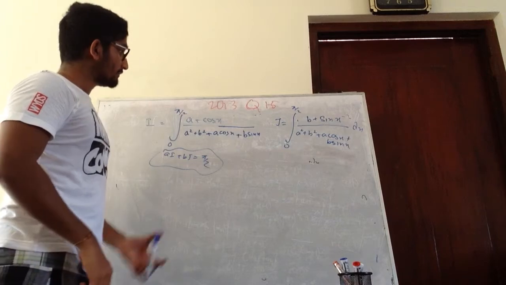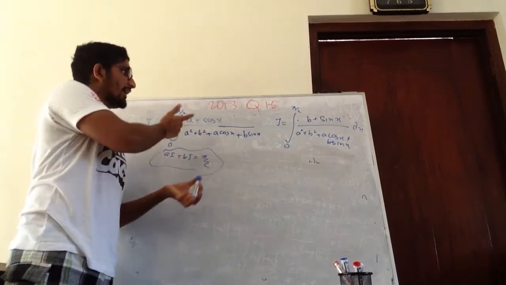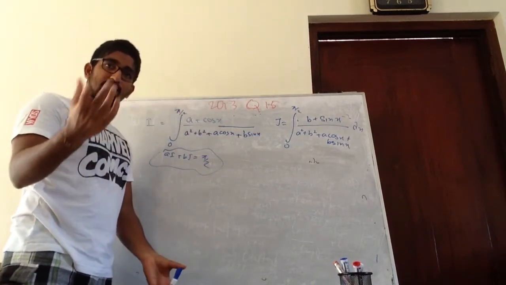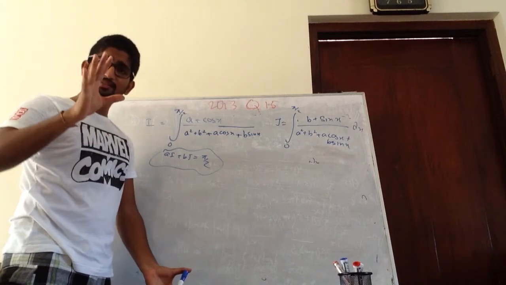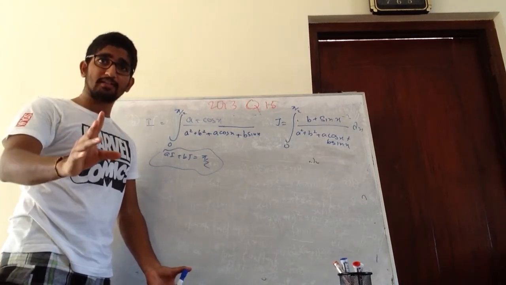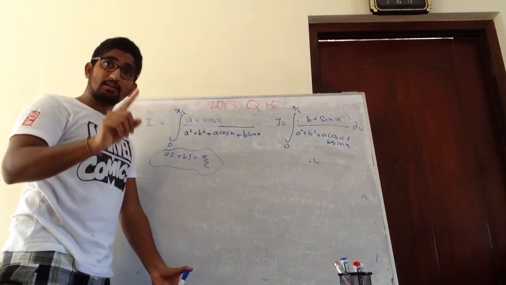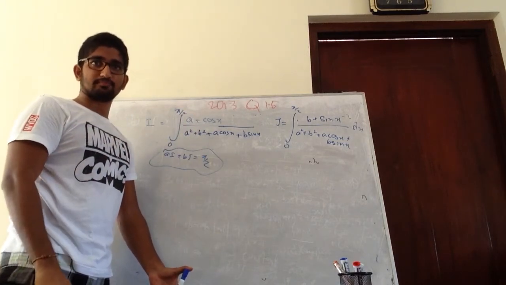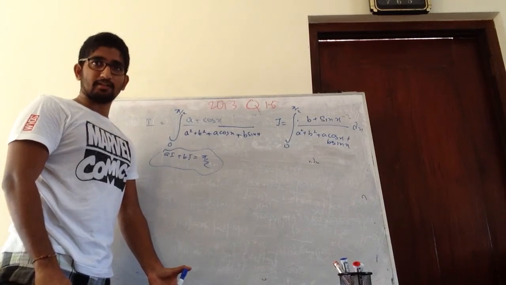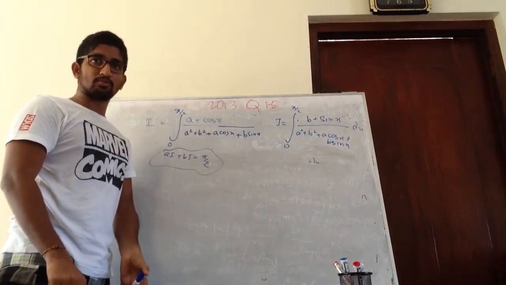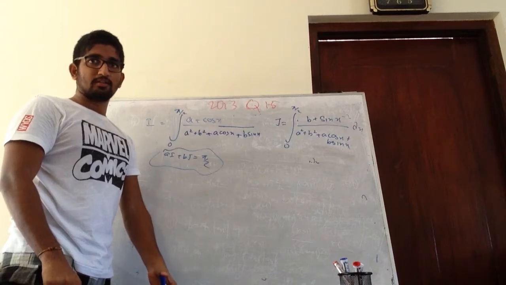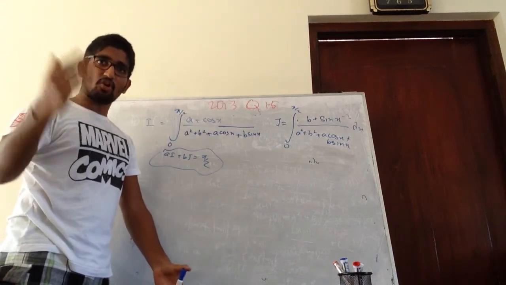You can add the integration just like normal addition if the limits are the same. Now the limits are the same, no? So we can do it in an extremely normal way.